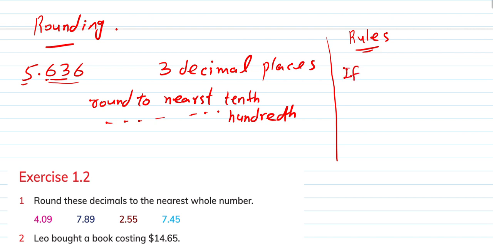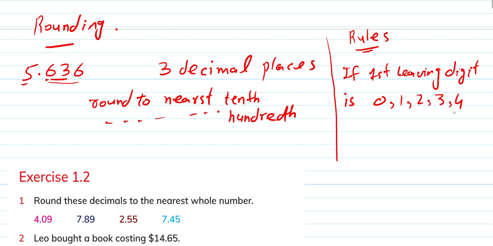I will explain, don't worry. If the first leaving digit is 0, 1, 2, 3, 4, any one of them. I'm using the word first leaving. What does it mean? Don't worry, I will tell you.